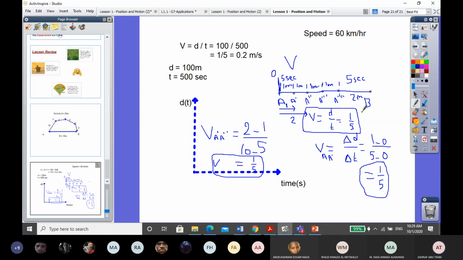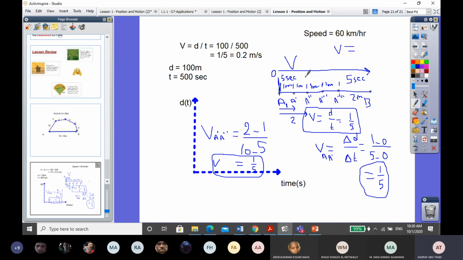So what will be the velocity now? Hurry up. From here to here, what is the distance? 2 over 5. We cannot say 2 over 5, it's correct, but we will start from the 0 reference. So from 0 to point B is what?